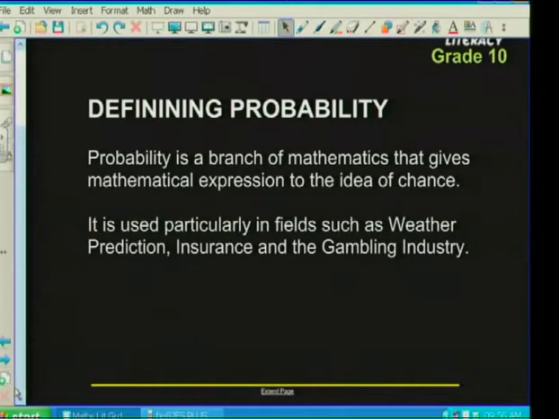And of course, chance is probably most easily expressed in the gambling industry, where the games of chance that are being played are also mathematically calculated so that the casinos and the people who are operating them want to know exactly how much money they're going to end up getting out of the people who play those games based on the chances of them winning those games.